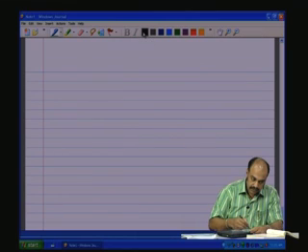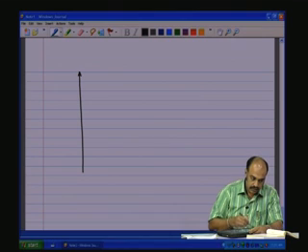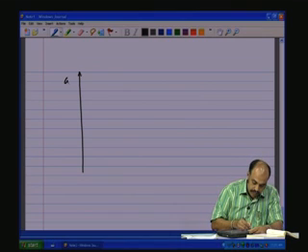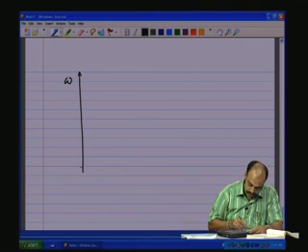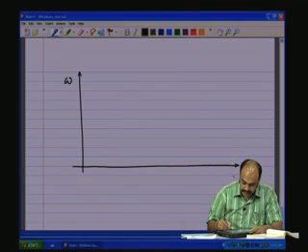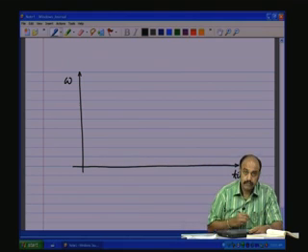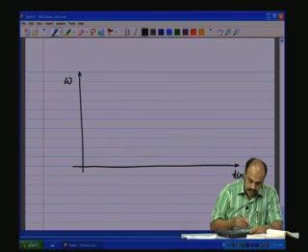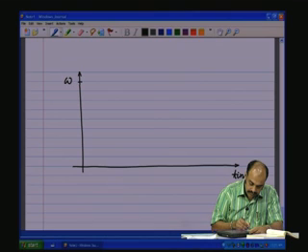So, to get a relative idea of, let us say, the speed omega and let us say the time t, and let us say the speed is here at 1 per unit.